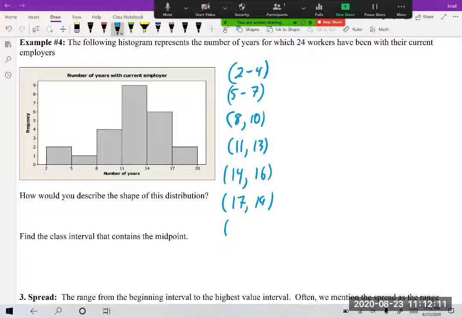Oh, they don't have anything after 20, so we're okay on that. So that would be our intervals, right?